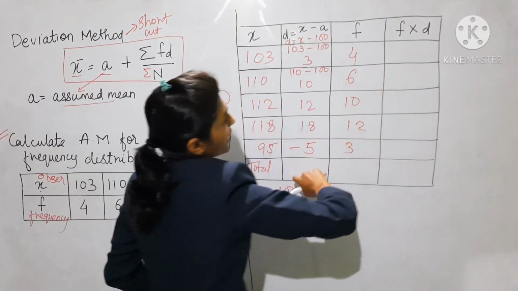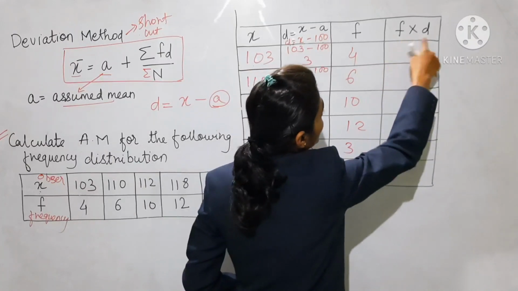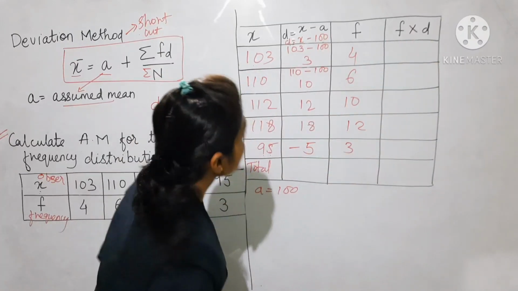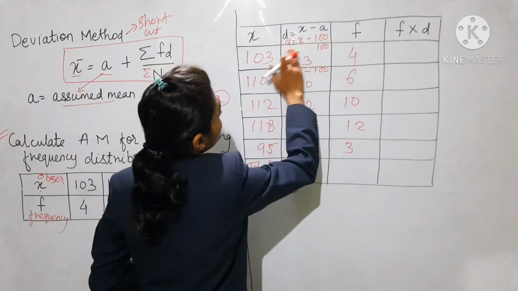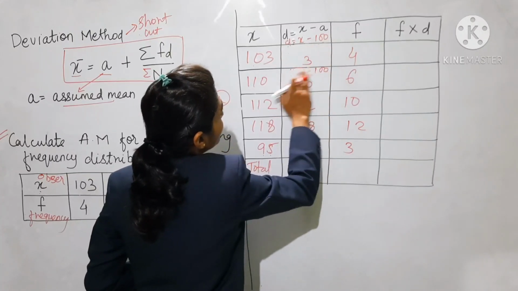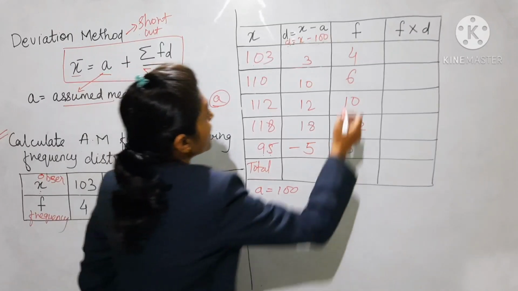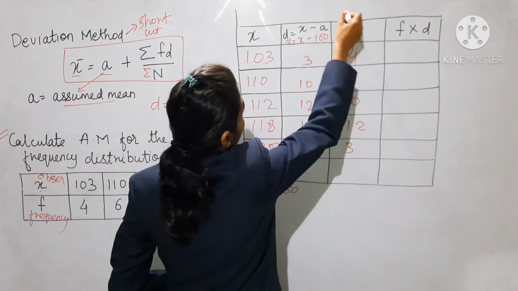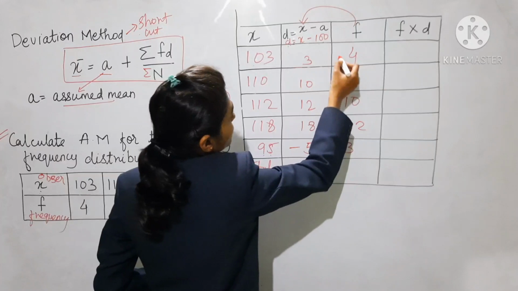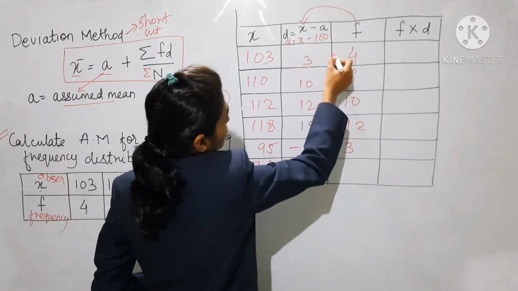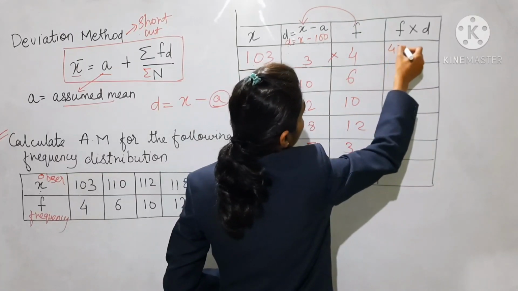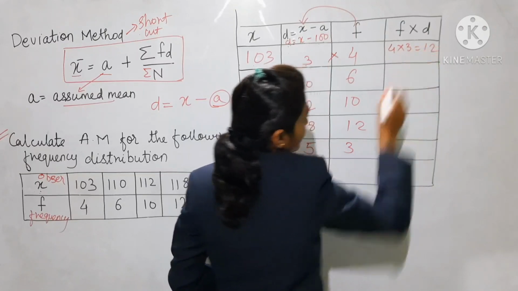Now the next column we have to find is F into D. F into D means multiply F by D, so 4 into 3. 4 into 3 is 12.